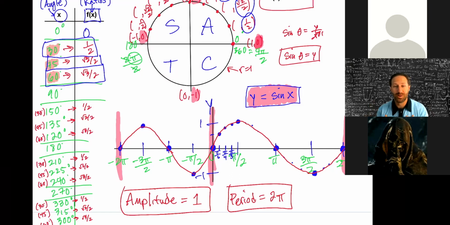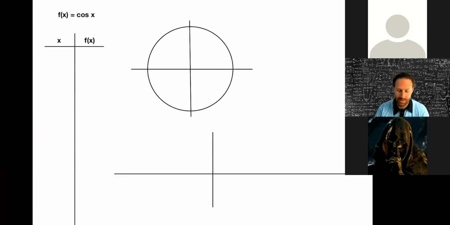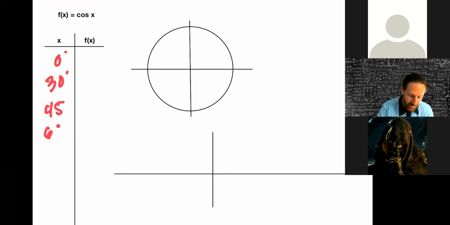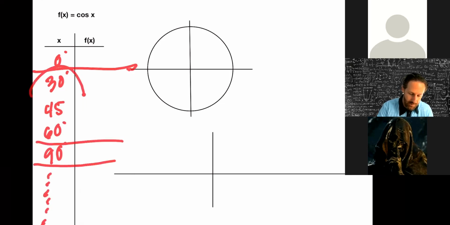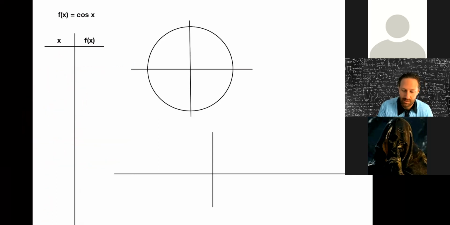Now, I went all in with this explanation. I'm not going to do the same thing for cosine because you saw how long that takes. So rather than going through and plotting 0, 30, 45, 60, and then 90, and then every other quadrant for those reference angles, do those reference angles really help us to graph?